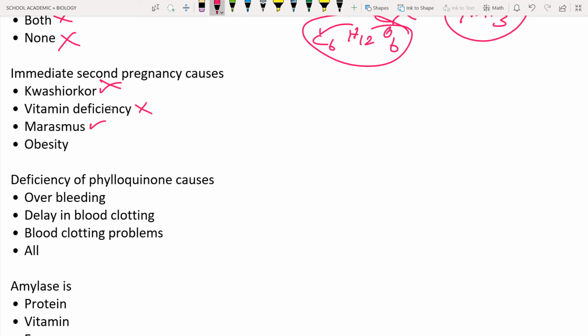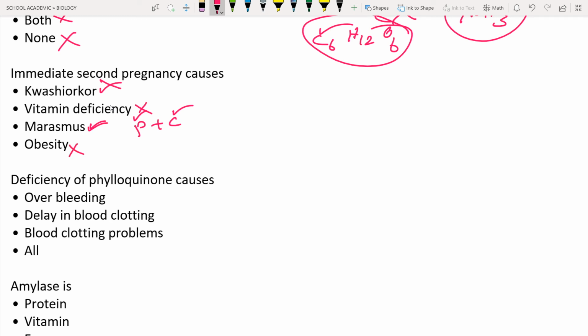Next, marasmus. What is meant by marasmus? Protein plus calorie malnutrition is known as marasmus. In females who have repeated second pregnancies, their body will not get a sufficient amount of protein and calories. So the immediate second pregnancy is going to cause marasmus. Obesity is not at all a correct option.